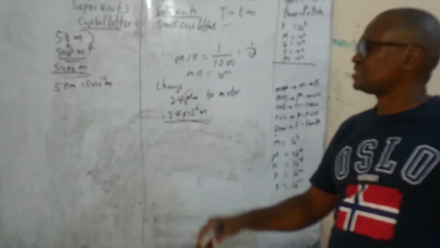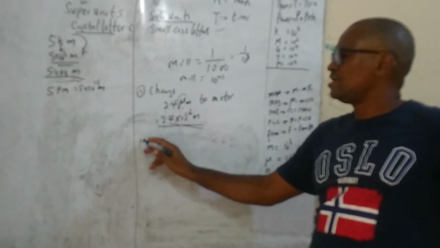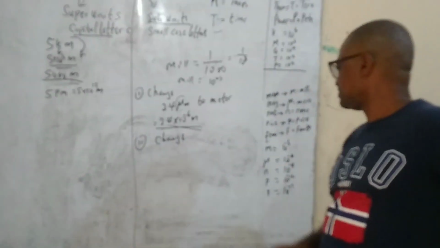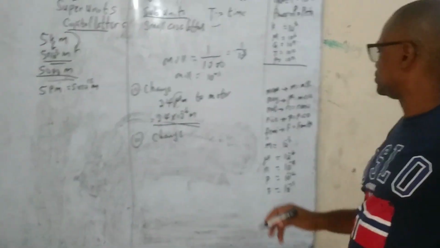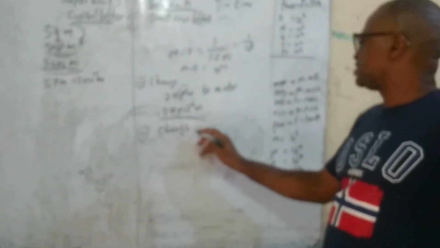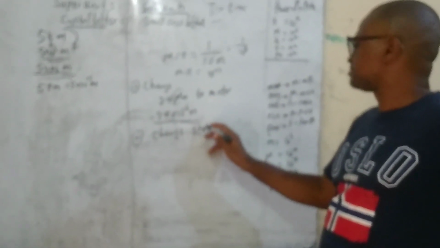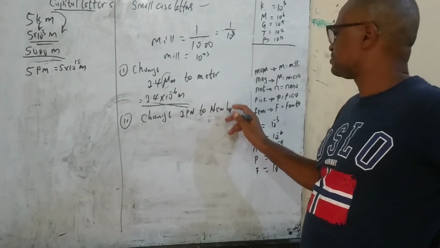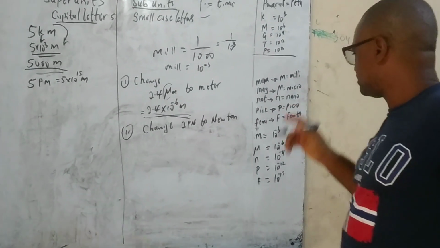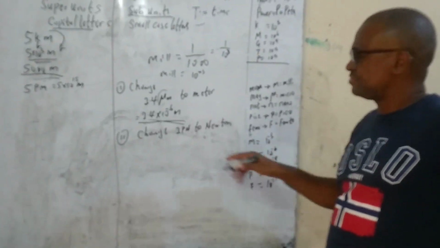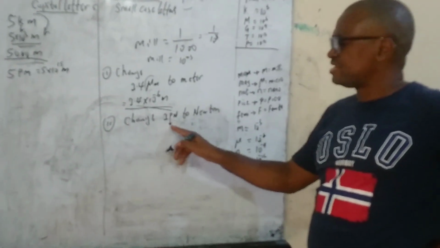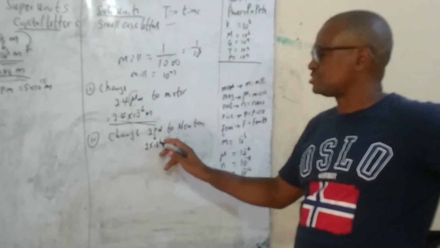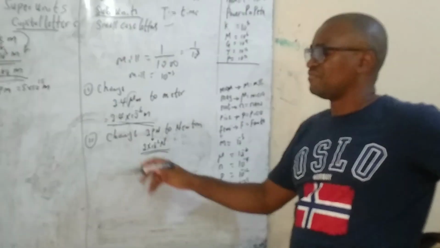You can see the conversion. Let me give another one. Let me say the question says change 2 piconewton to Newton. Pico means 10 raised to power minus 12. So this P is actually 10 raised to power minus 12. So you write it as 2 times 10 raised to power minus 12 Newton. You have done the conversion.